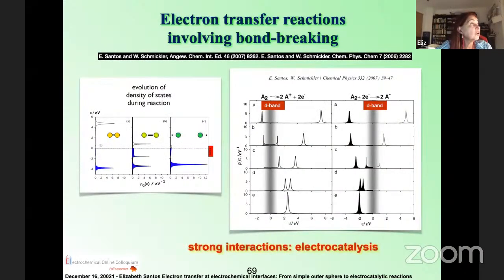When the interactions are stronger, for example with a d-band, we can also have the formation of, for example, here, this is for an oxidation or for a reduction reaction. When the molecule has bonding and anti-bonding orbitals and becomes near to the electrode, one of these orbitals interacts strongly with the electrode, and we have bonding and anti-bonding between the molecule and the electrode.